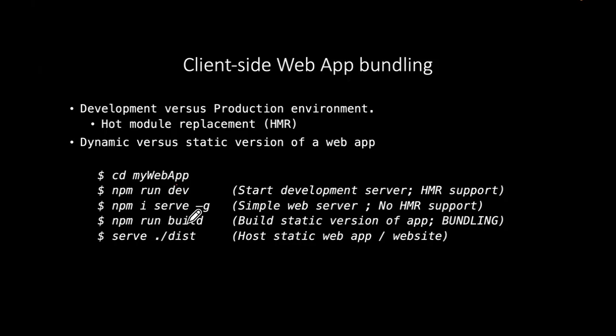But if you want to see what the static version of your React app looks like, you need to start up a local HTTP server, just a standard raw HTTP server. There are tons of them out there. One that you can access is a server called Serve, and you can install it with npm.